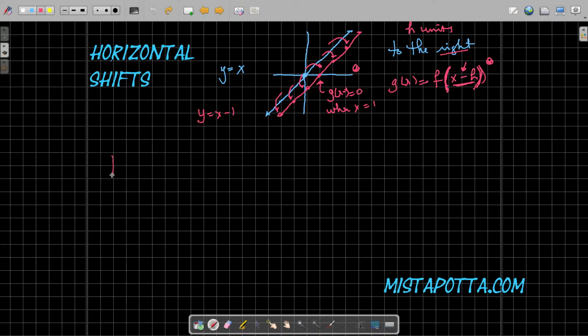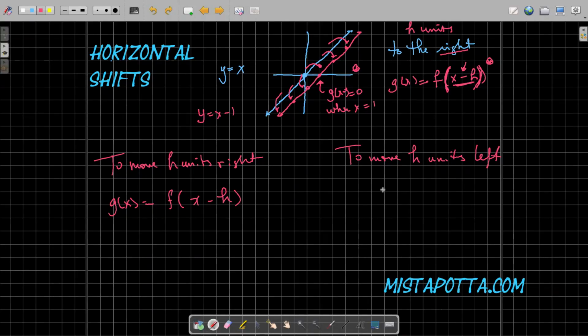In other words, to move h units right, then g of x has to be equal to f of the expression x minus h. And to move h units left, then g of x is going to be equal to f of the expression x plus h.